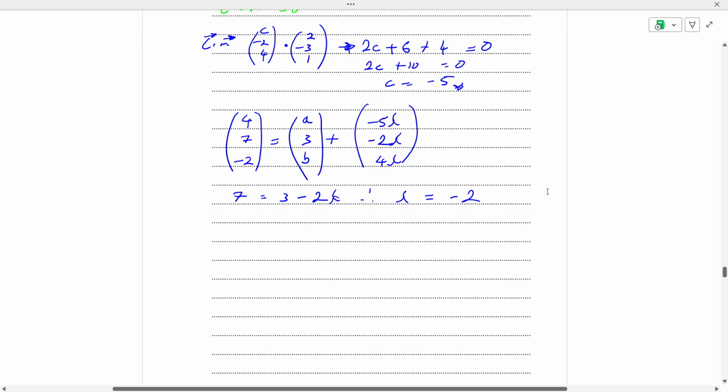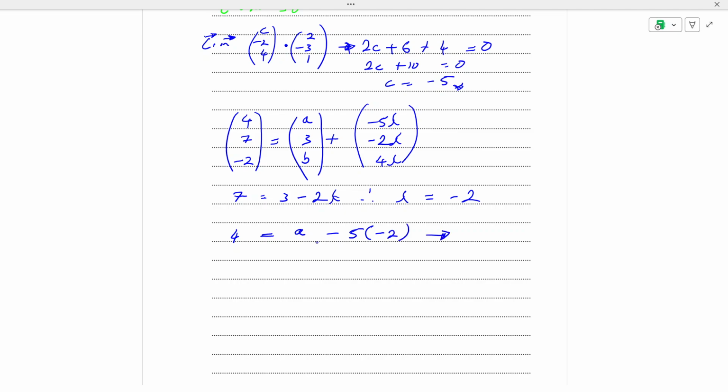Now that we have lambda, we can find what A and B are. So from the first row, 4 is equal to A minus 5 multiplied by -2. Then this gives you 4 is equal to A plus 10, right? Take the 10 to the other side. You would get your A is -6.